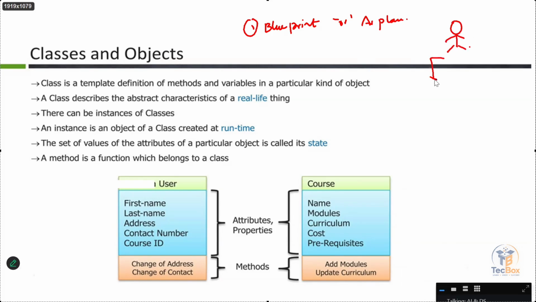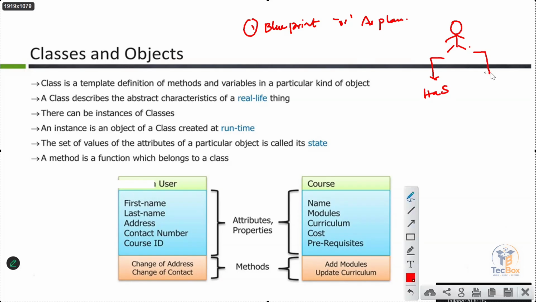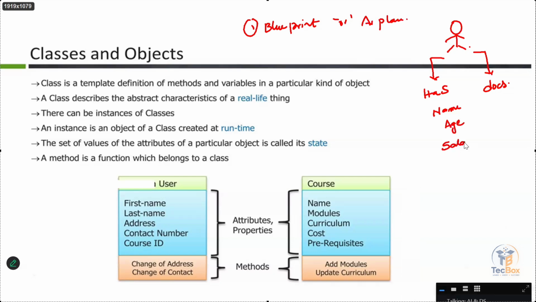A person has something, a person does something. What will a person have? He will have a name, an age, a salary.